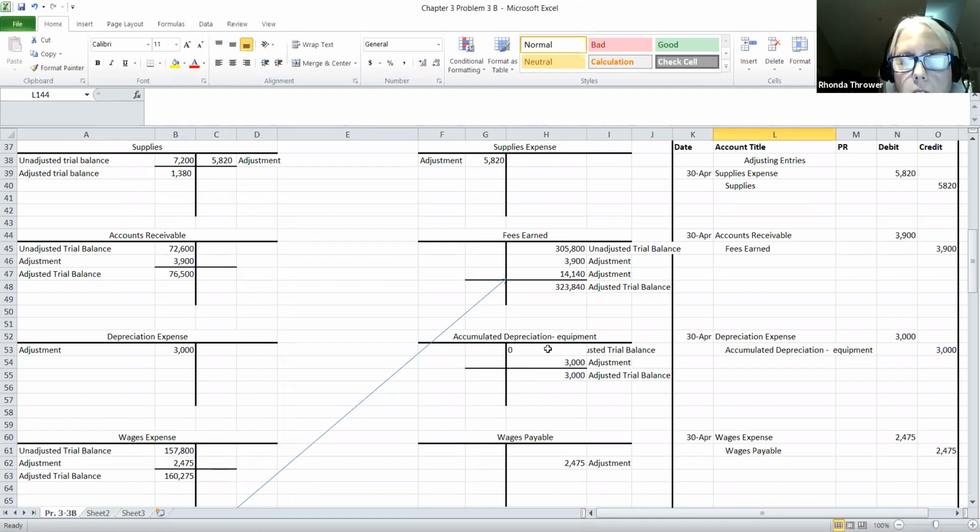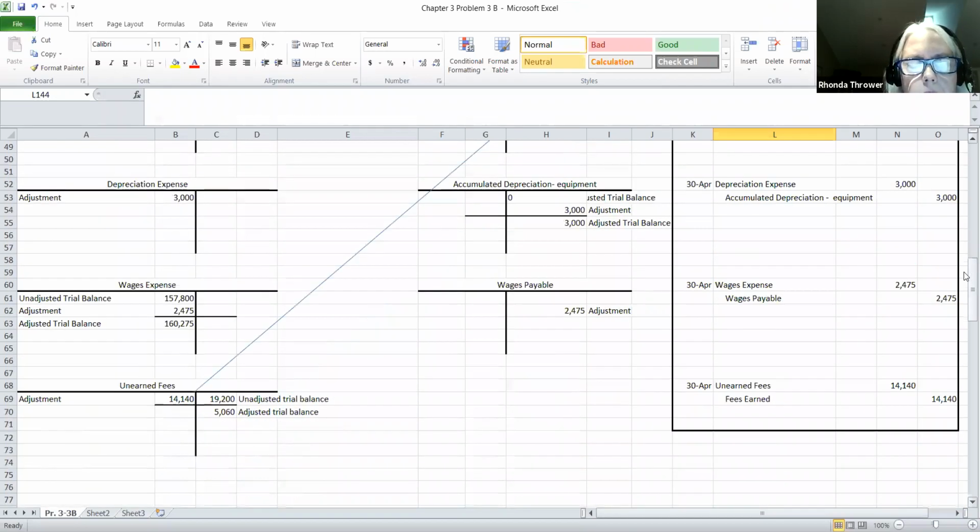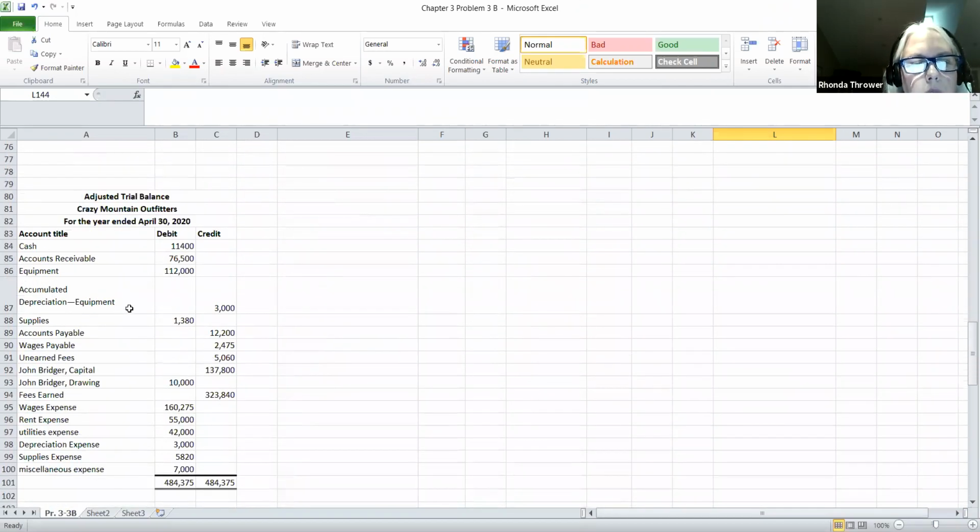It is a contra asset account, so accumulated depreciation will be found in the ledger right underneath the equipment account itself, because accumulated depreciation offsets the equipment account. You must have a ledger account set up called accumulated depreciation, and now it has a balance in there of $3,000 because of our adjusting entry for depreciation.